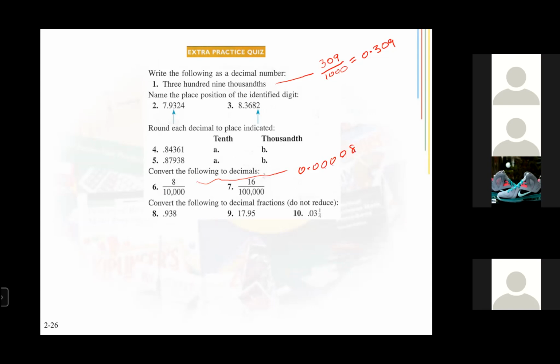You have 5 places, but you only have 4 zeros in the denominator. Oh, 10,000, my bad. So it's 0.0008. So you have 1, 2, 3, 4 places.